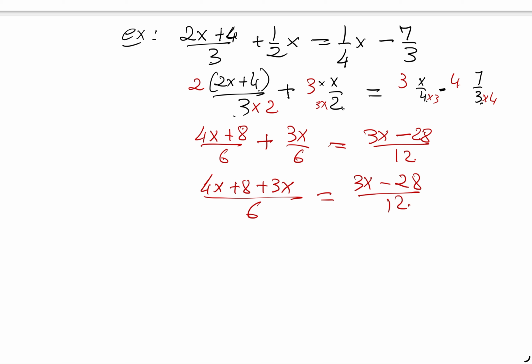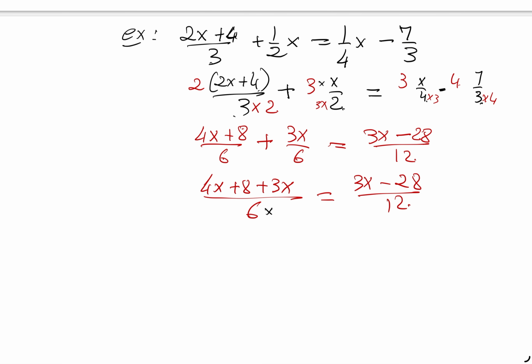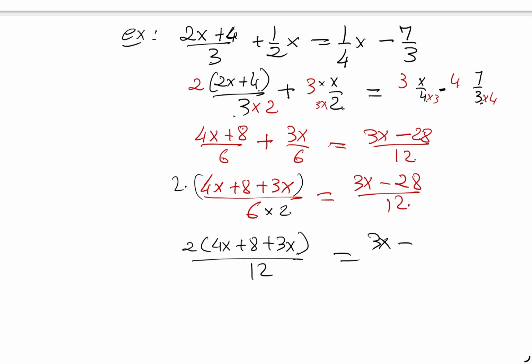So what we should do, we should multiply the top and the bottom by 2 on the left side only. So we'll end up having 12, and then we can get rid of the 12. If I multiply here the top and bottom by 2, I will end up having 2 times (4x + 8 + 3x) divided by 12 is equal to (3x - 28) divided by 12.